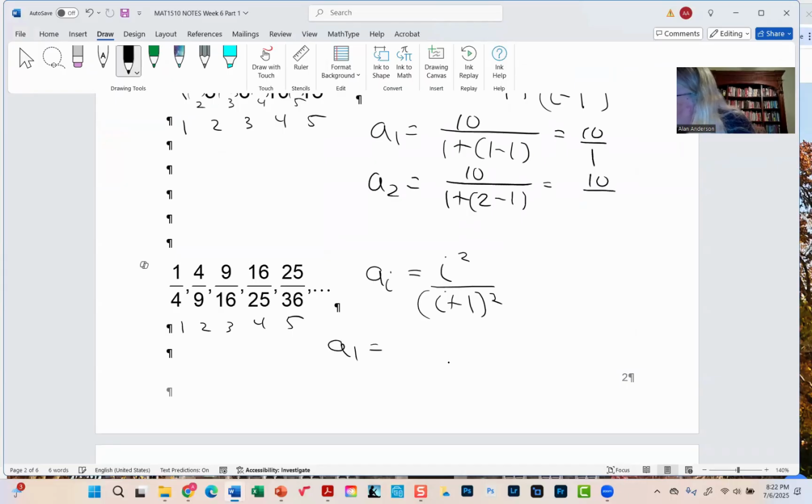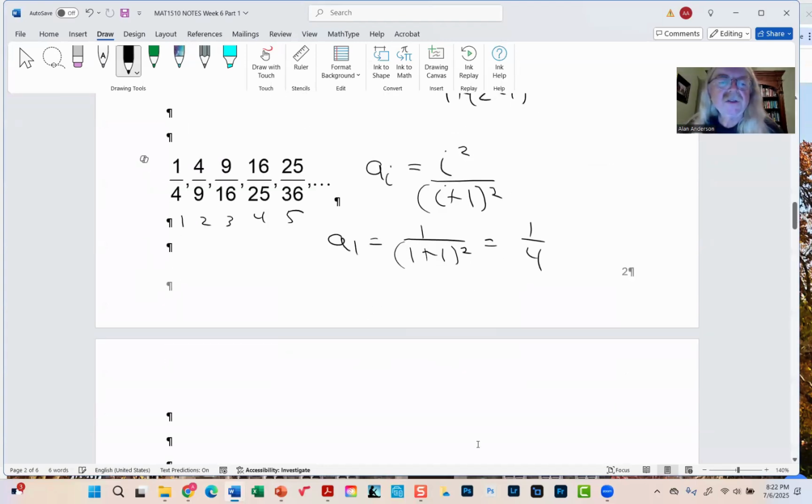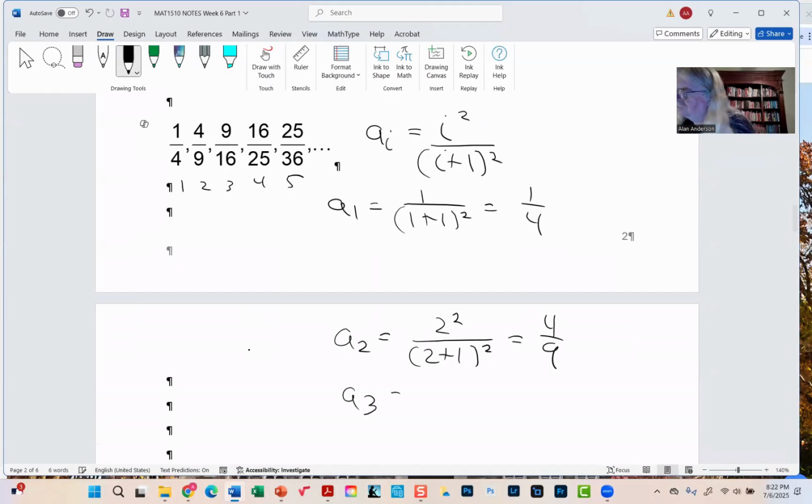So that would make A1 be one over one plus one squared. Okay, that works. A2 would be two squared over two plus one squared. I think we're onto something here. A3, three squared over three plus one squared. Yeah, I think we're good. Okay, so this is the formula for this sequence.